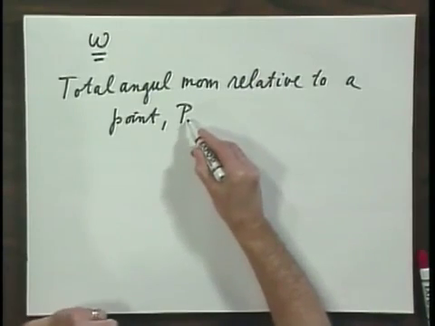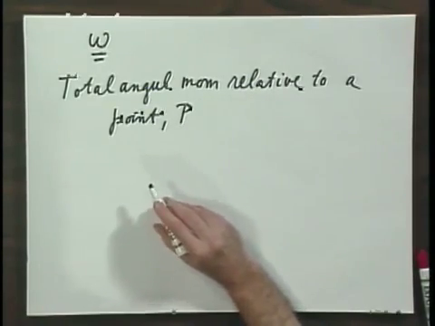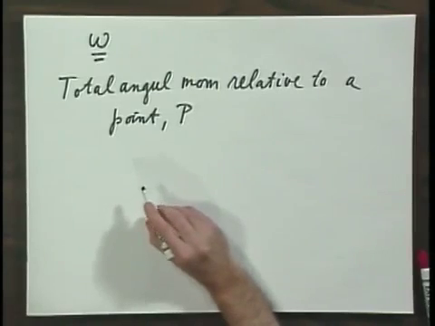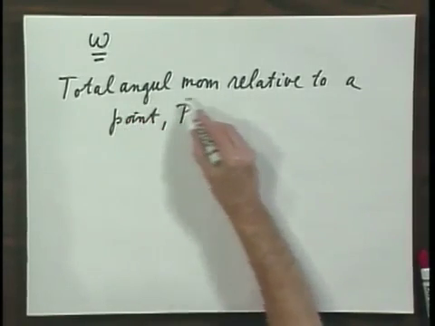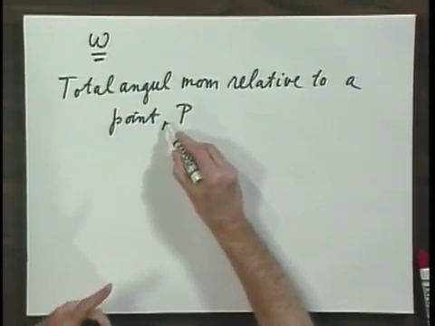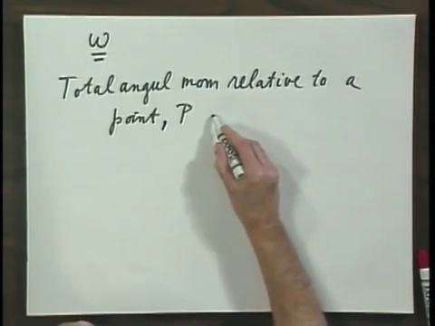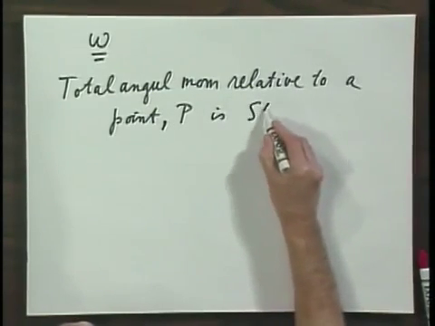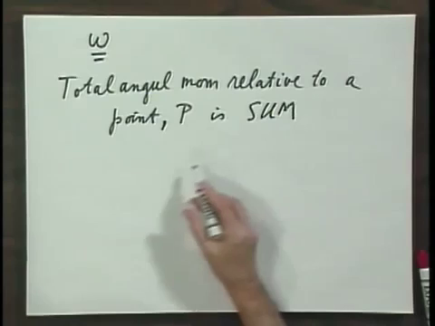You can choose different points P and you may get different angular momentums, depending upon where you choose the point P. So the total angular momentum relative to a chosen point P is the sum of two components.